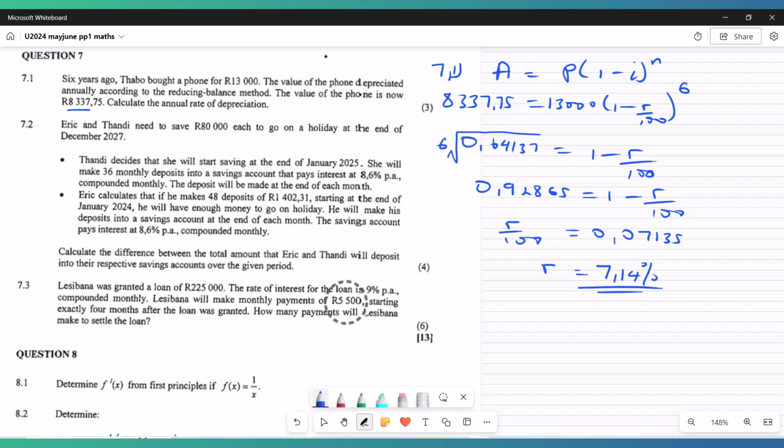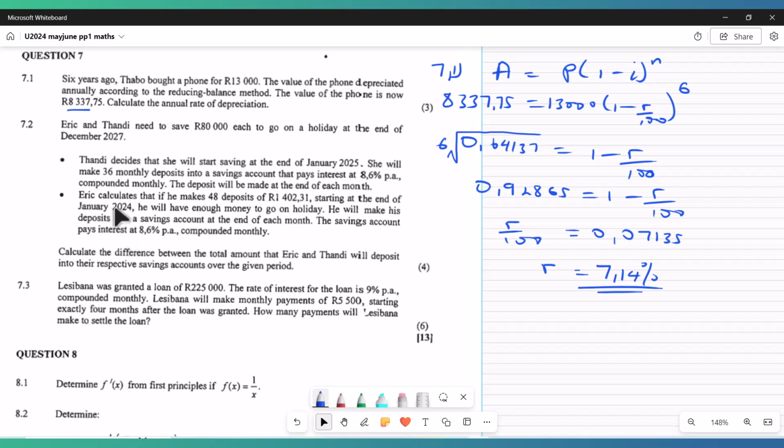Question 7.2. They say here that Eric and Tandy need to save 80,000 each to go on a holiday at the end of December 2027. Tandy decides that she will start saving at the end of January 2025. Then she will make 36 monthly deposits into a savings account that pays interest of 8.6% per annum compounded monthly. The deposit will be made at the end of each month.